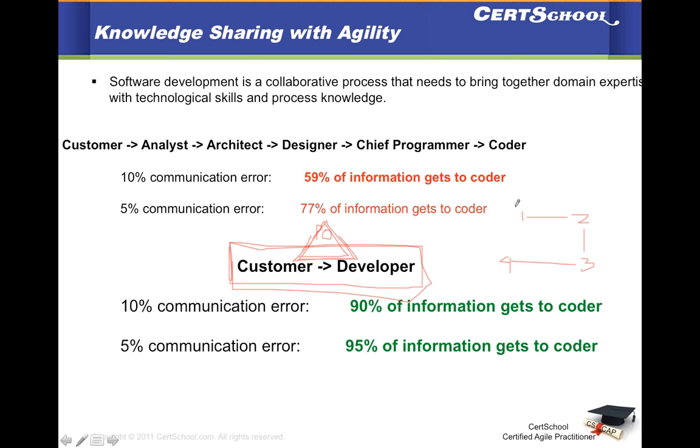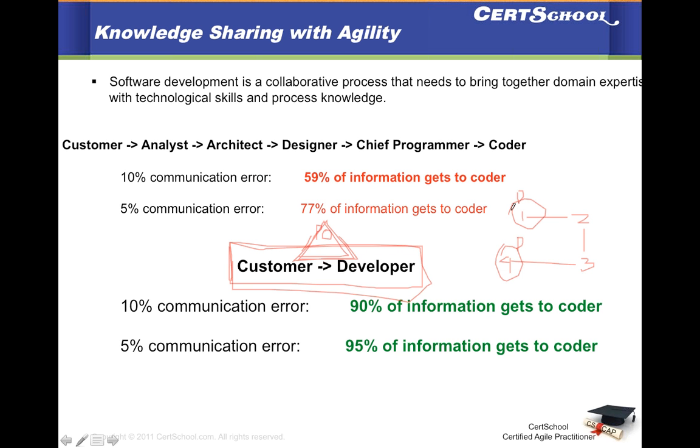So at steps 1 and 4, you have all three of them: the customer, the product owner, and the developers or engineers who are actually going to work on that story. In both these steps, this is discuss, and this is demo.